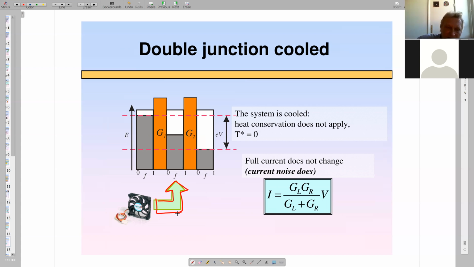So as I see, there's a rather sharp step also inside. So the temperature is low. So heat conservation doesn't work anymore because heat goes away from the space between the junctions. Again, we reproduce Ohm's law once again.